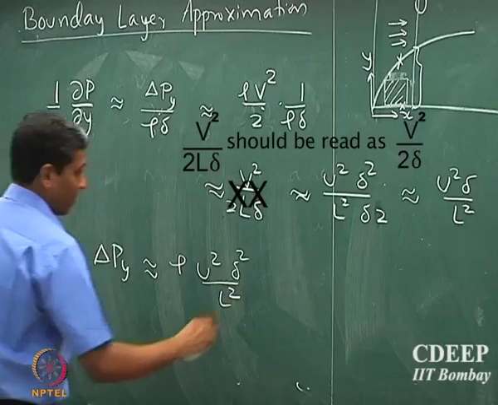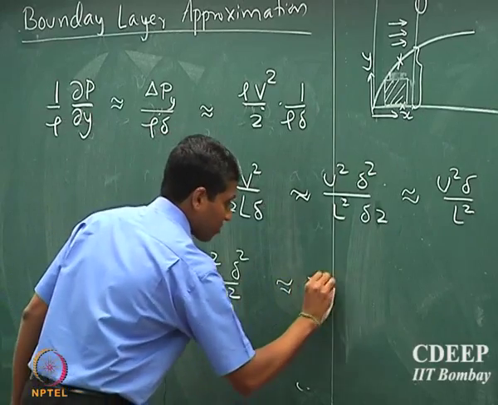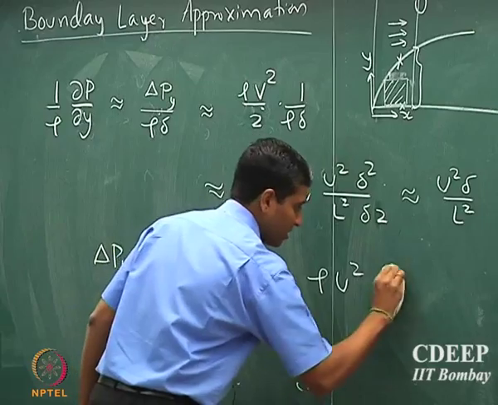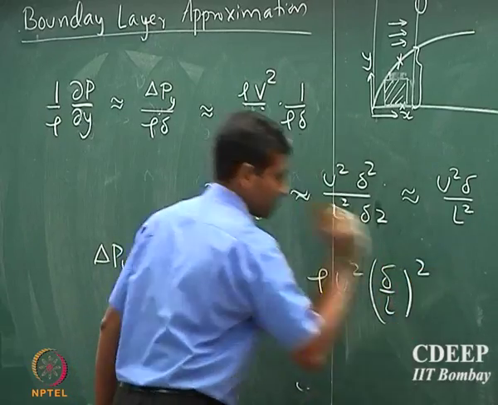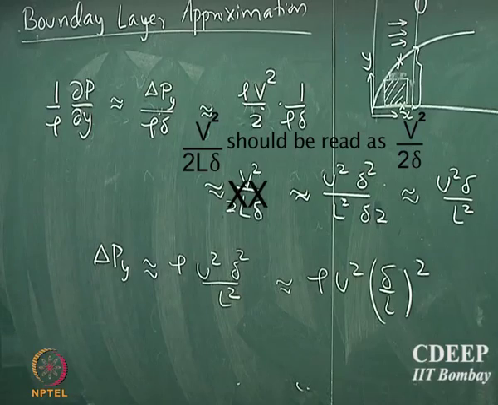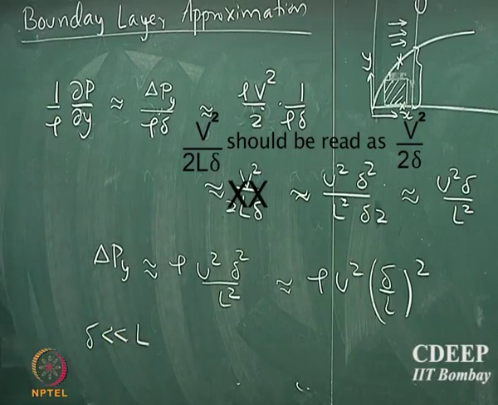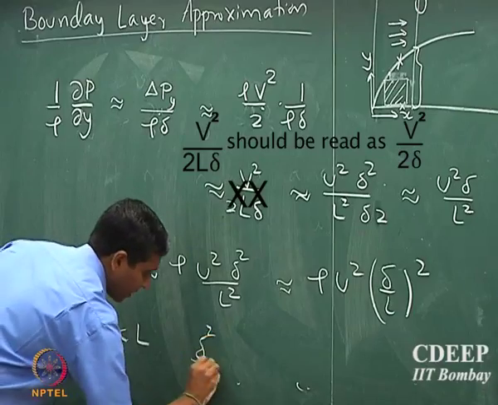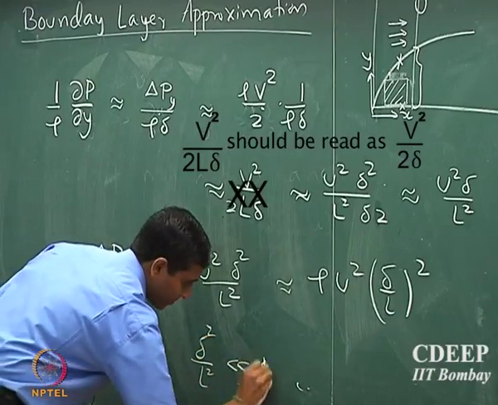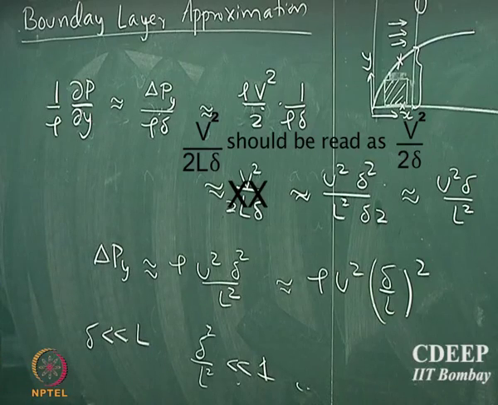So that is rho u square into (delta by L) the whole square. In the boundary layer approximation, we said that delta is much smaller than L. Therefore, because delta is much smaller than L, delta square by L square will be significantly smaller than 1.